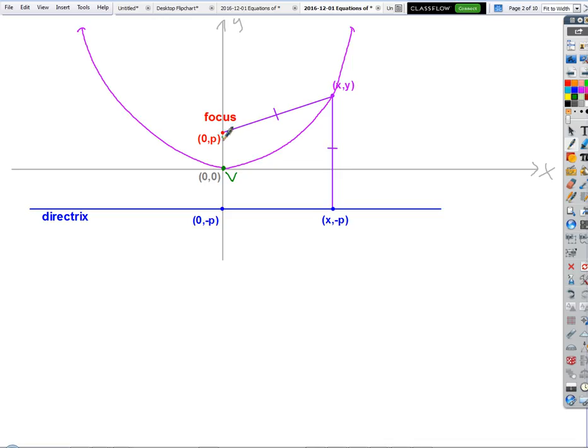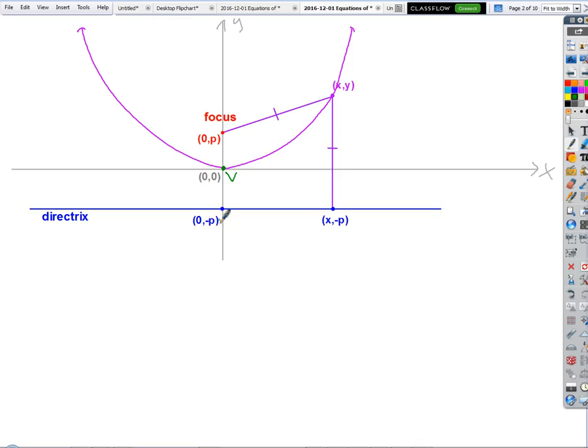Okay, so we get (0, P). What's going to be the coordinate of the point on the directrix, sort of below the vertex? Well, isn't that going to be the same x-coordinate, but this time we go down by P instead of up by P. And so it's the point (0, negative P), right?